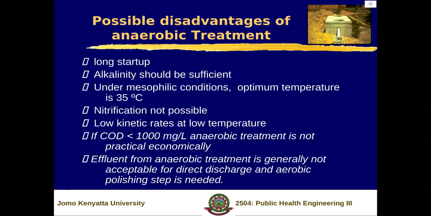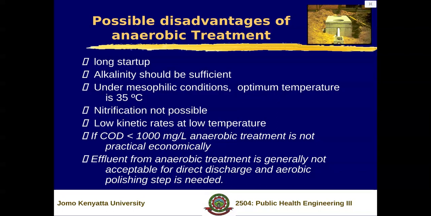The disadvantage is that it takes a long time to start up. It should have sufficient alkalinity. You need a bit of temperature, and nitrification is not possible. Remember, we talked about anoxic conditions. This means a time between aeration where you give a bit of quiet time. But with this one, because there's no aeration, it's not possible.